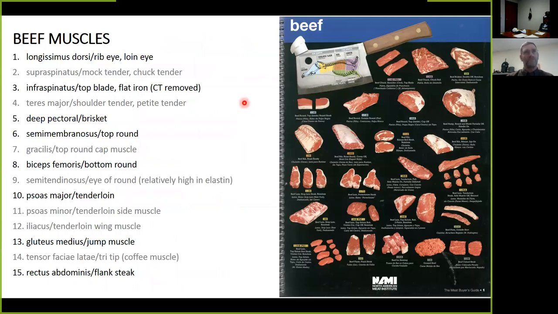Now, beef muscles. This is the same list of muscles. And we have the longissimus dorsi, or it could be called the rib eye or the loin eye muscle. We're going to talk about number 3, the infraspinatus or the top blade. And if we remove the connective tissue, we call that the flat iron. And the deep pectoral muscle or the brisket muscle.